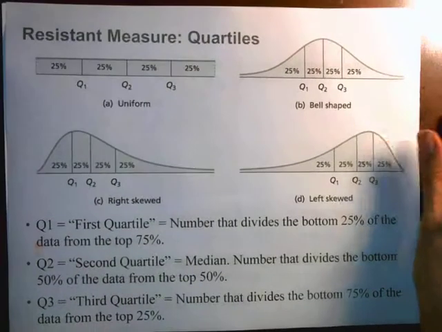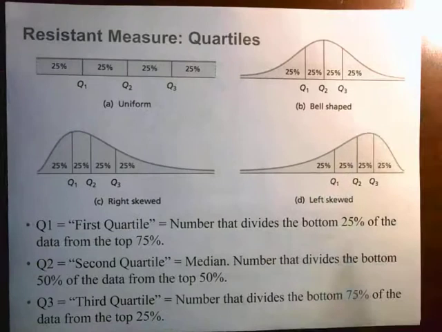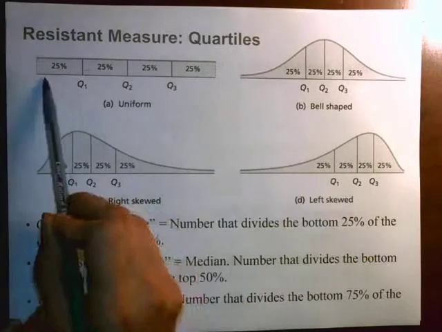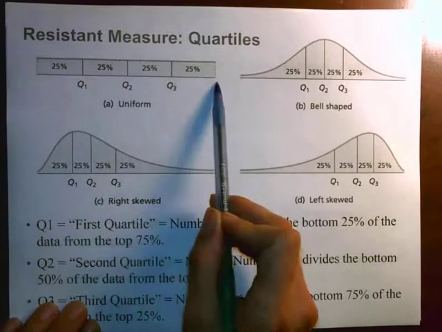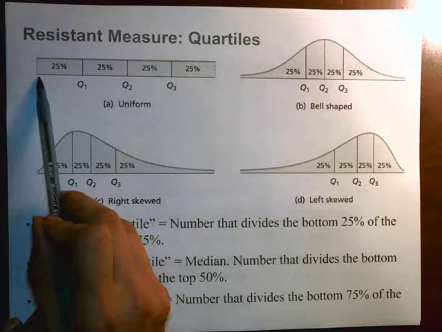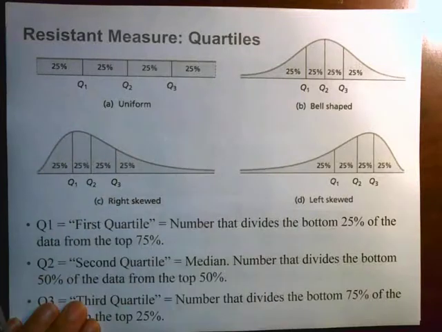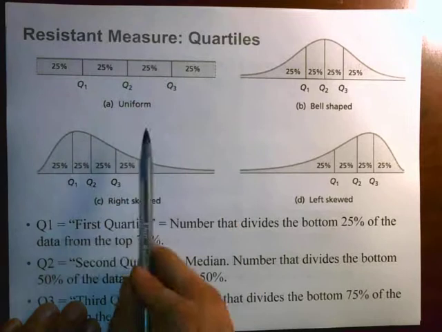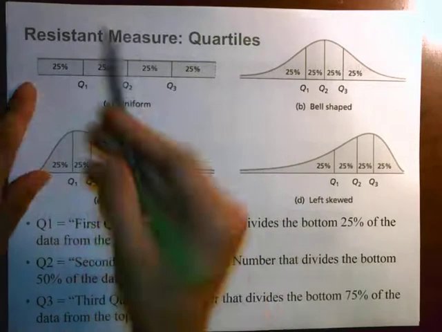Okay, so the resistant measure that we are going to spend the most time talking about is this idea of quartiles. So if you had a relative frequency diagram of a uniform distribution, it says that every single bin here is equally likely to happen.